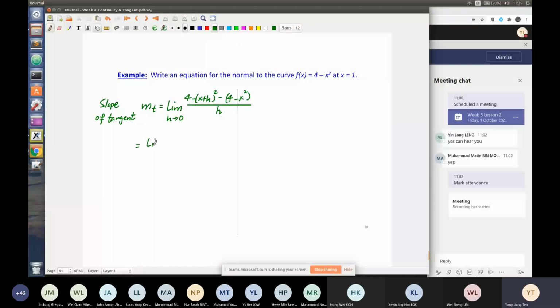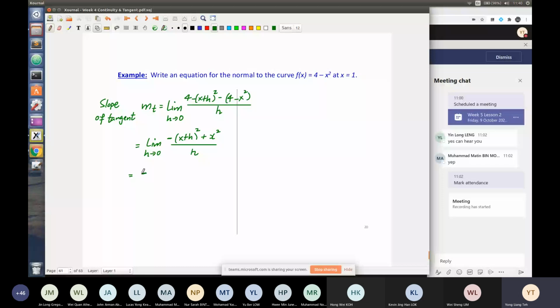So this is 4 minus 4, a constant, so that is clearly 0. Then this becomes minus of (x plus h) squared plus x squared over h. And this looks awfully familiar. So what I can do is just factorize out the minus.